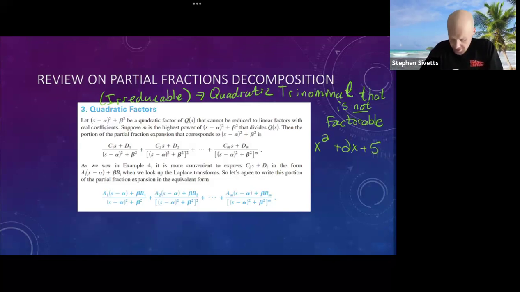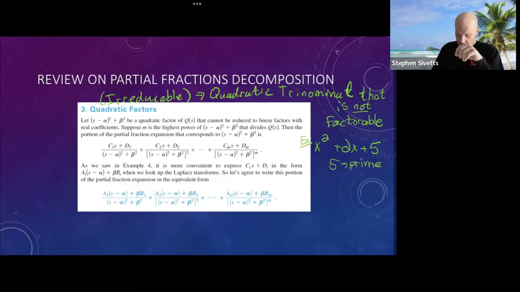Okay. So this here is an example of an irreducible quadratic, right? So normally how you would factor this is you want to figure out two numbers where the product of those two numbers is equal to 5 and their sum equals 2, right? This here is a problem since 5 is a prime number, right?